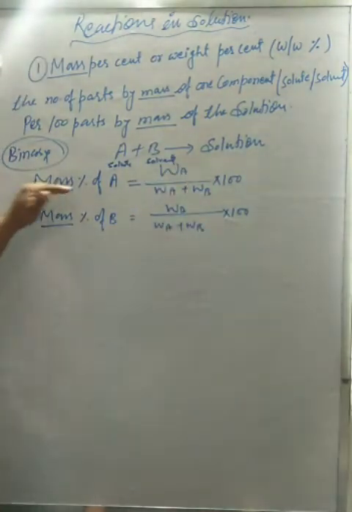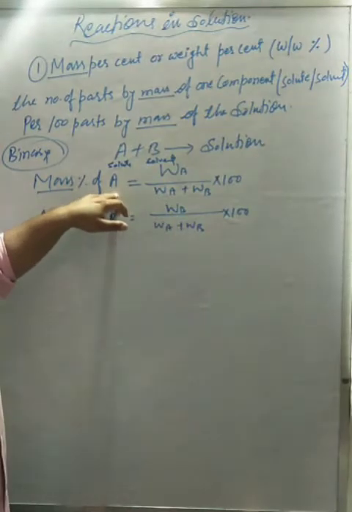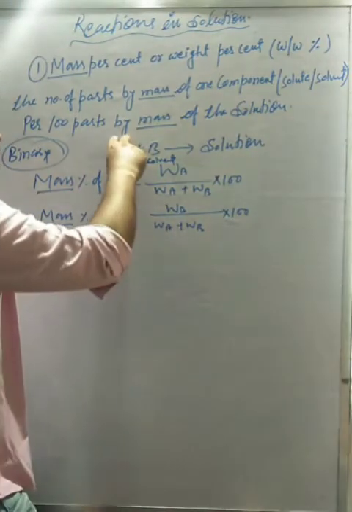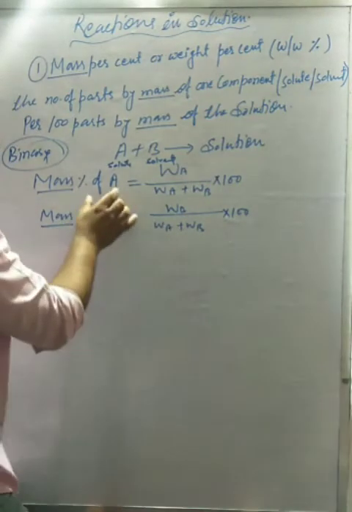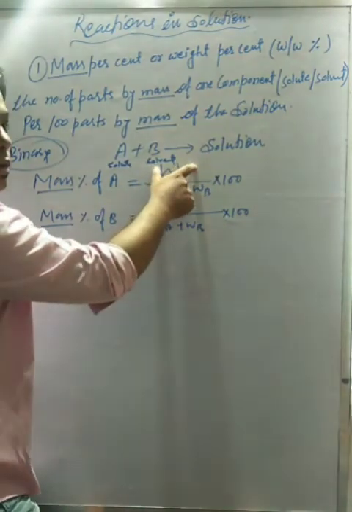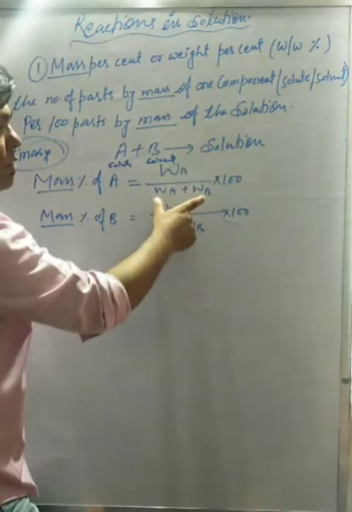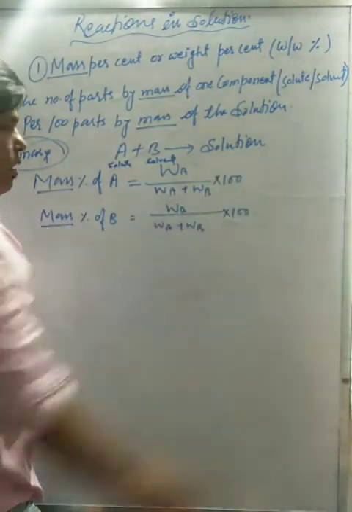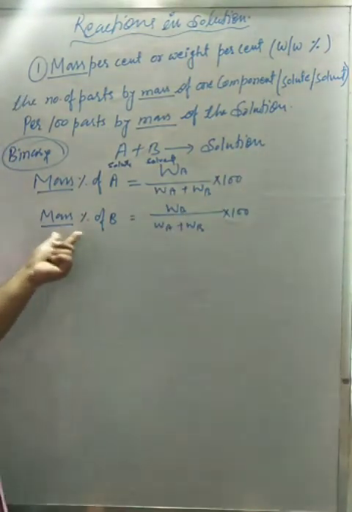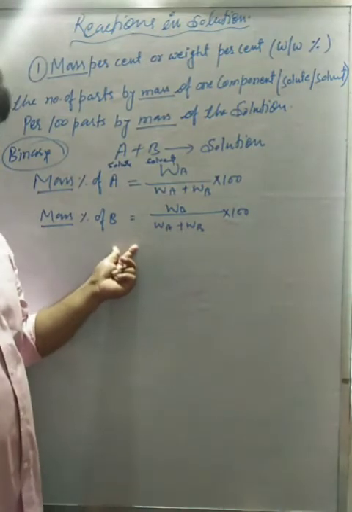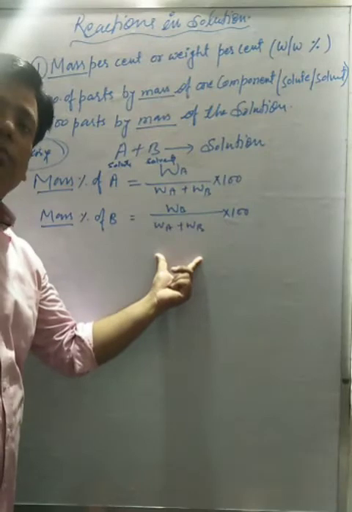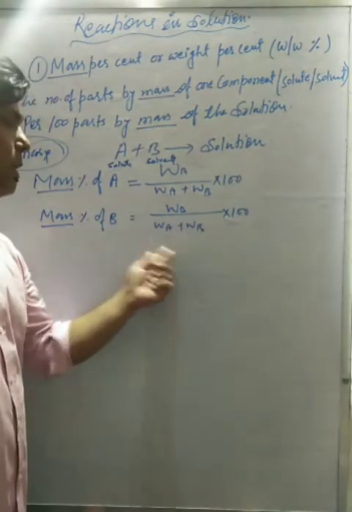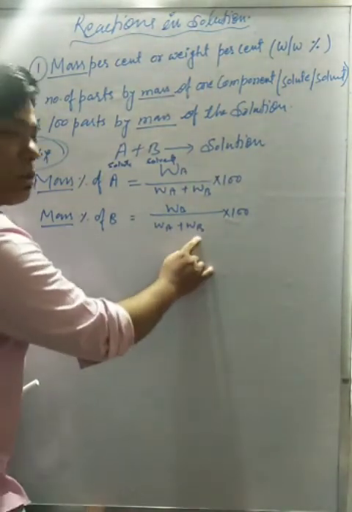Okay. Now the mass percent of A. What is the mass percent of solute in the whole solution? For that we have to divide the mass of solute by the mass of solution, into 100. What is the mass percent of B? Mass of B divided by mass of A plus mass of B, which means mass of solution, that is solute plus solvent.